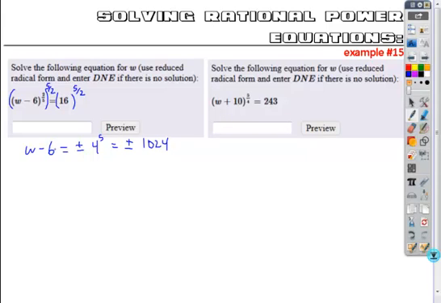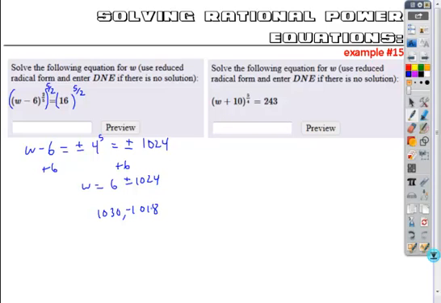And so when we solve this, we're adding 6 to both sides. So w is going to equal 6 plus or minus 1024. So 6 plus 1024 is 1030. 6 minus 1024 is negative 1018.